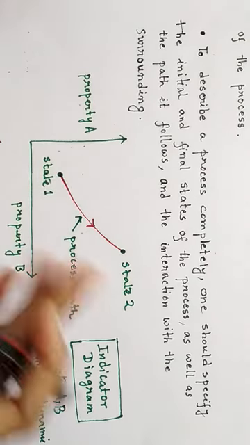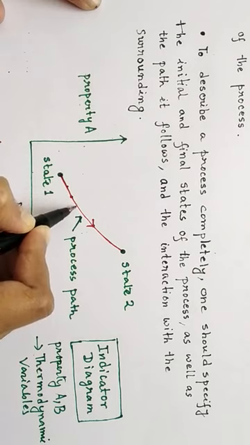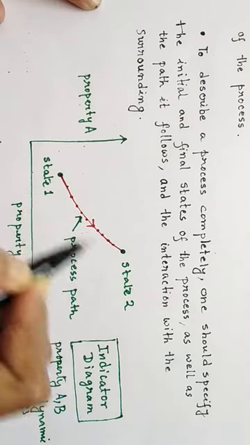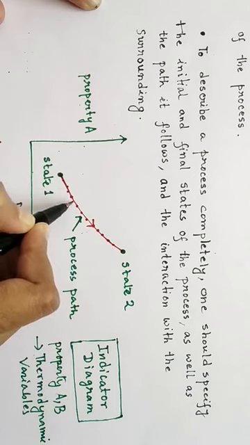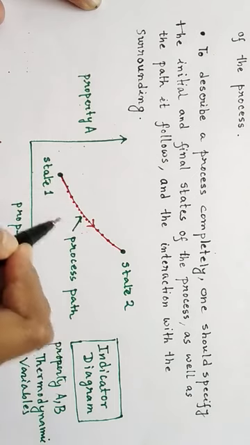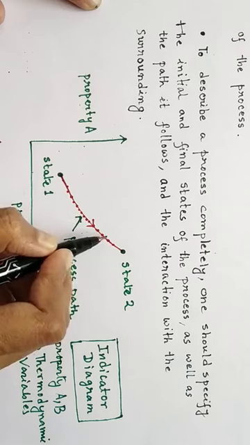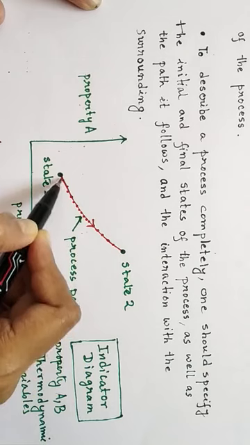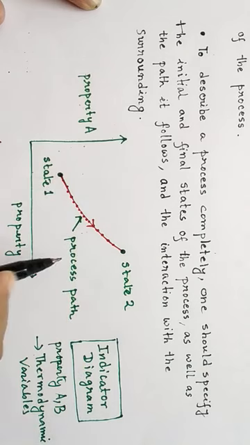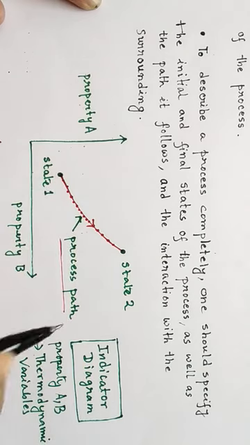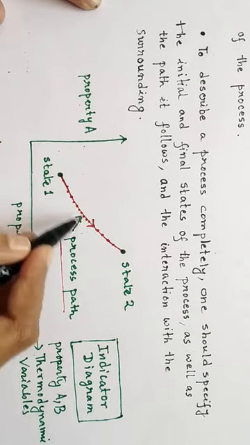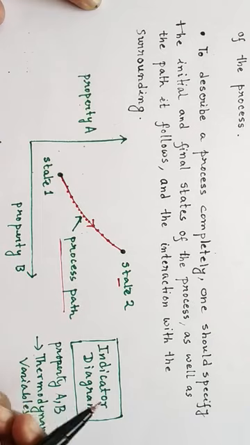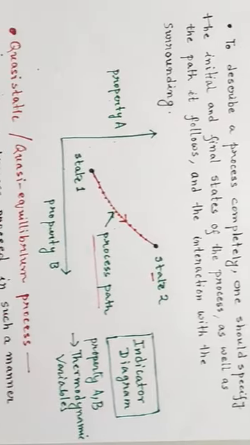Every point on this line gives us a new state of the system through which the system undergoes during a process. If we follow all these states, we get the path of the process, or process path. Finally it will settle at state 2, which will be our new equilibrium state.